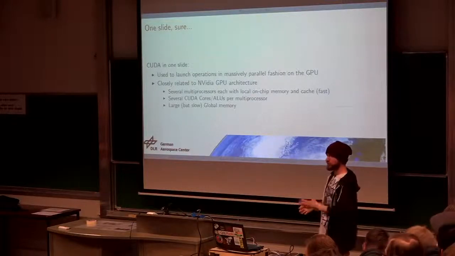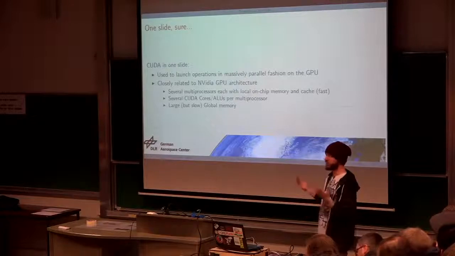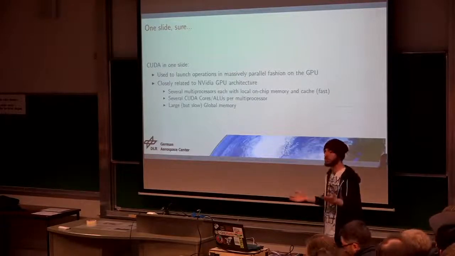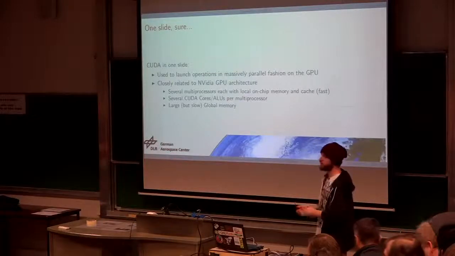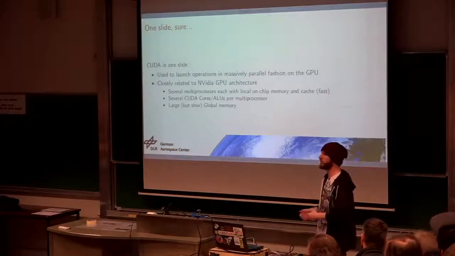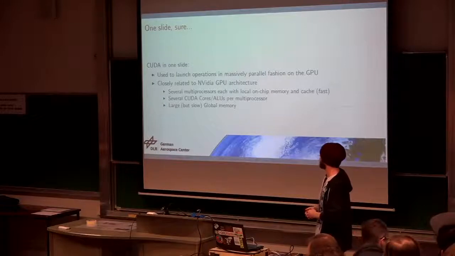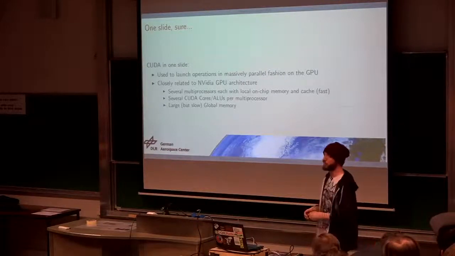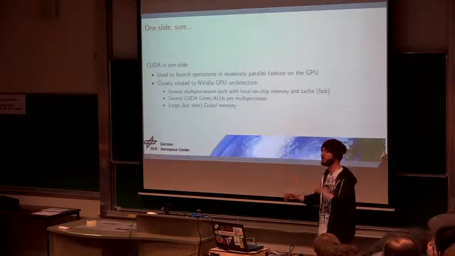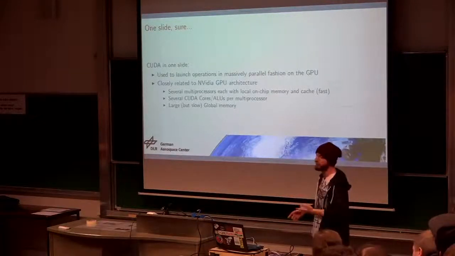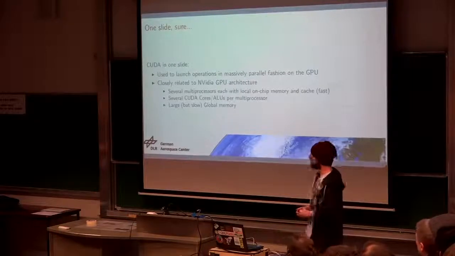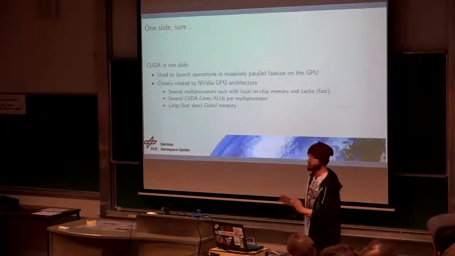Every multiprocessor has tons of ALUs, called CUDA cores in CUDA language, which are basically your cores. And they have the global memory, which you usually see advertised, like 6 GB of DDR3 RAM. That's the global memory, which is super slow, and we usually try to avoid using it at all.